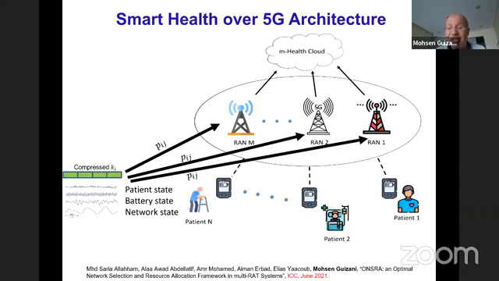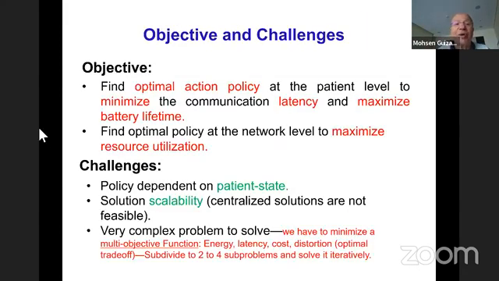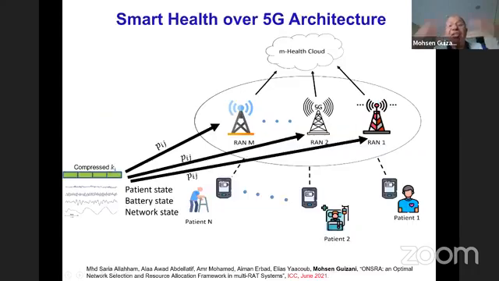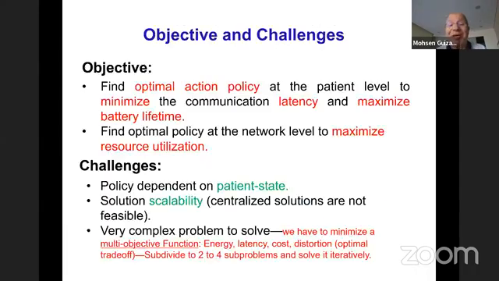So you can see that the different types of states here, the patient state, the battery state, and the network state, can really complicate the problem. The objective in this situation is to find the optimal action policy for the patient to minimize the communication latency and to maximize the battery lifetime.